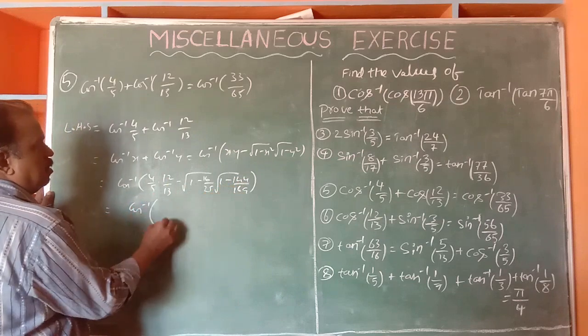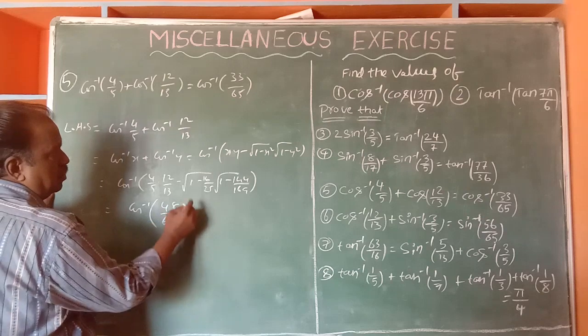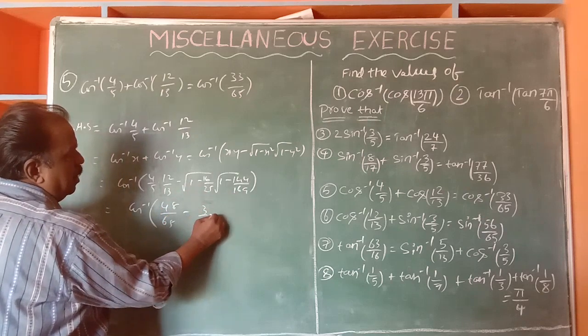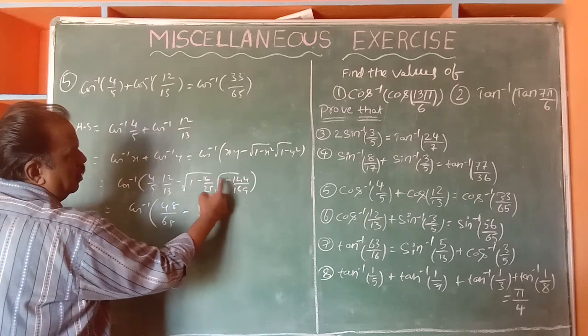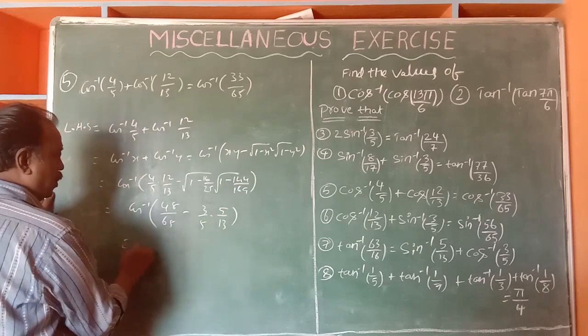It is cos inverse 48 by 65 minus this, which is 3 by 5 times 5 by 13. Okay now?